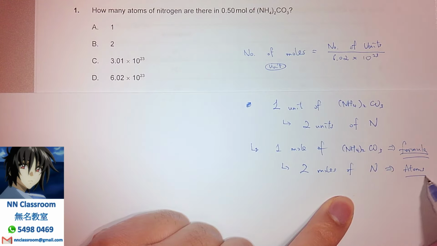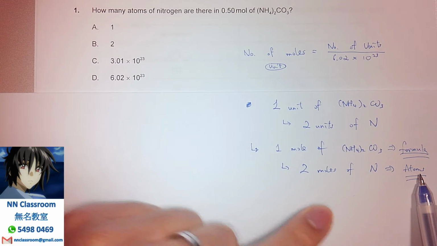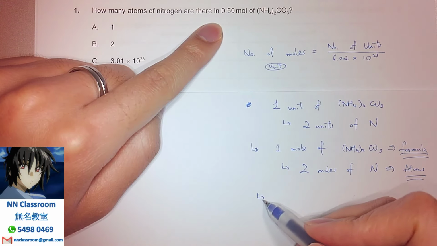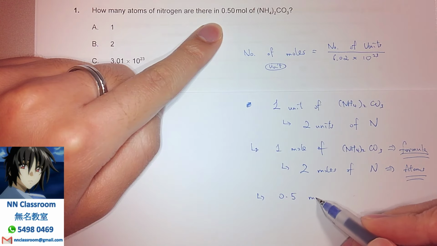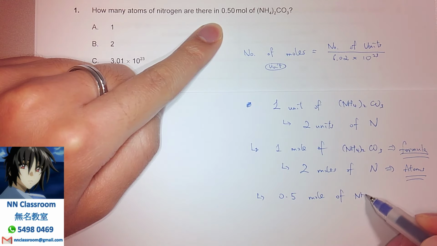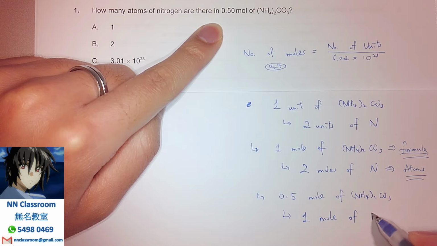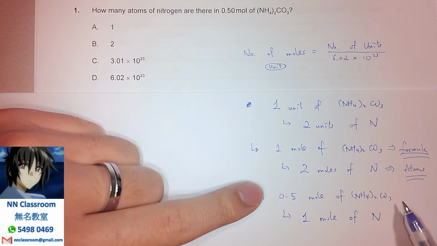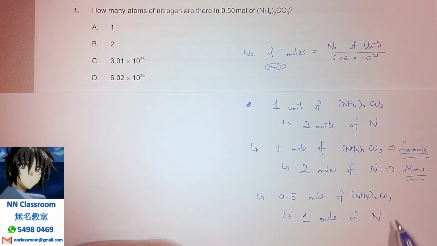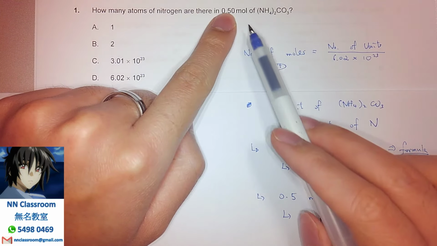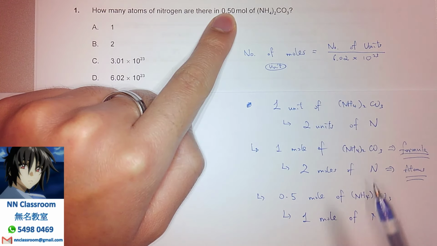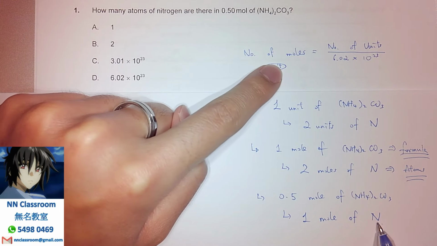So that's why now they're given 0.5 moles of this (NH4)2CO3, which means now I'm having 1 mole of nitrogen, right? The same logic, because it's always the factor of 2. You see, now I'm switching the channel from 0.5 moles of this entire formula to 1 mole of nitrogen. So now you see my unit now switched to nitrogen atoms.